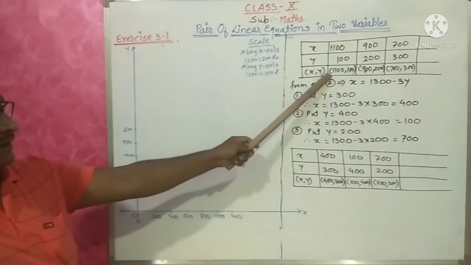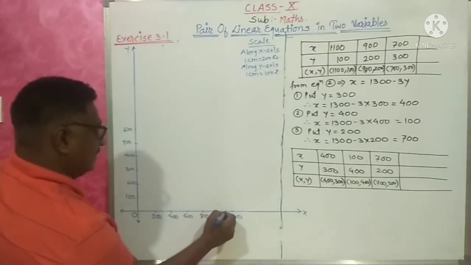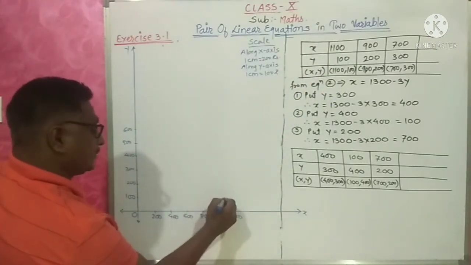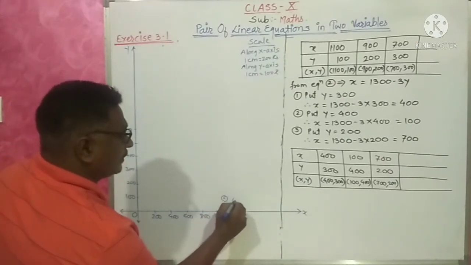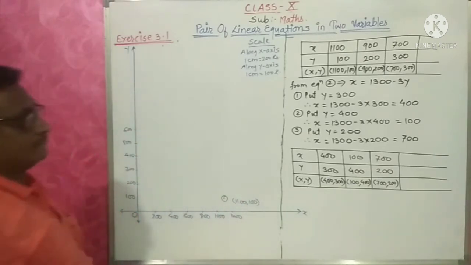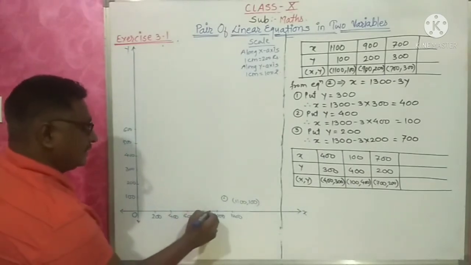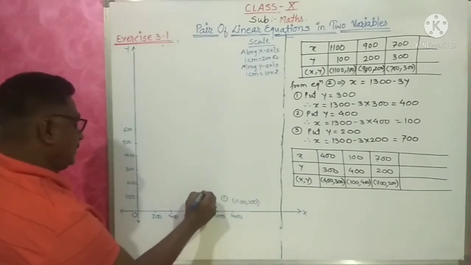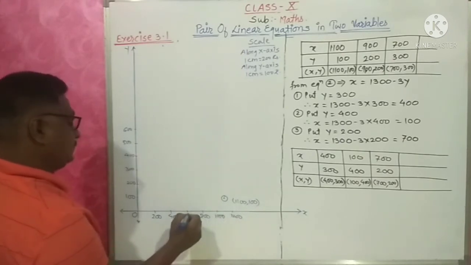So it is (1100, 100). Where? Here, 1100. So this is the point. Then (900, 200): here 900, and here it will come 200.